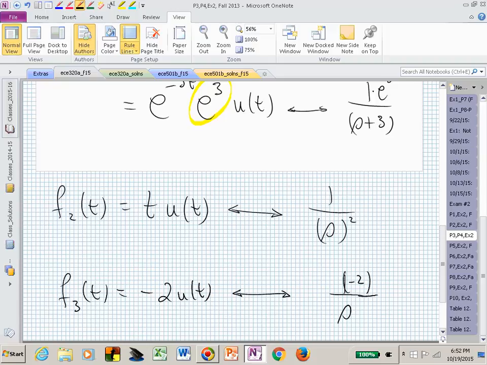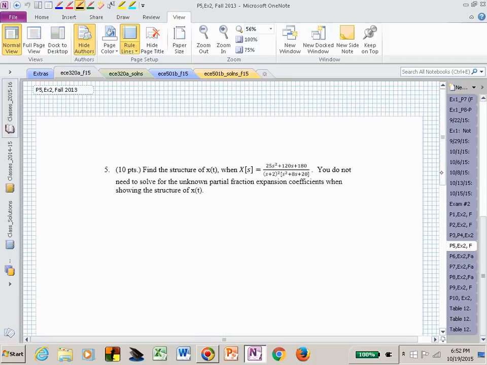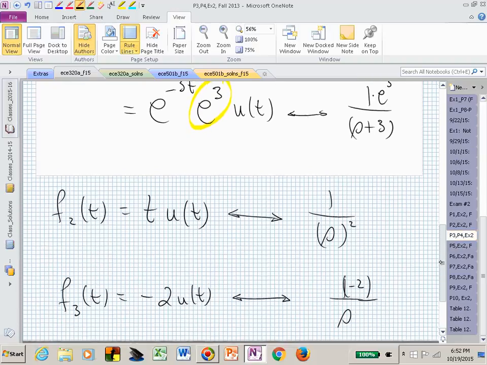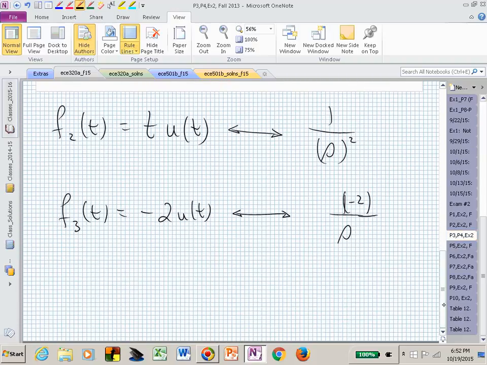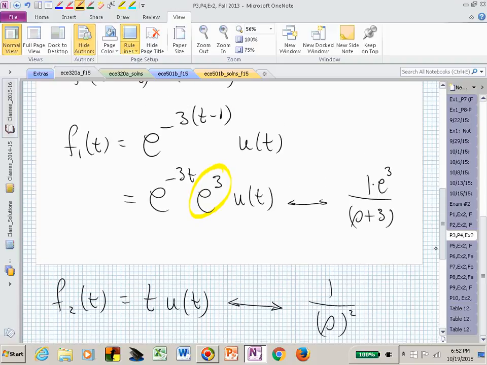Questions on that? No. So the question was, would I expect you to simplify that? I would just expect you to write that as capital F of s is the combination of F sub 1 of s, which I don't remember what it was. It was too far up on the page. But it was just that.